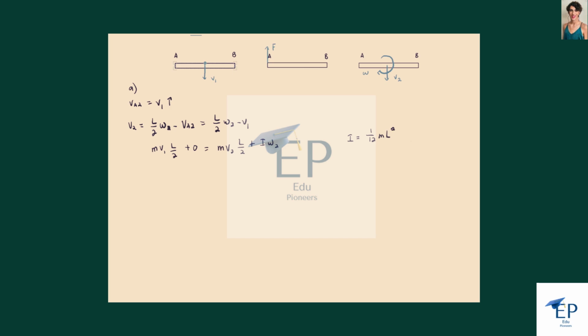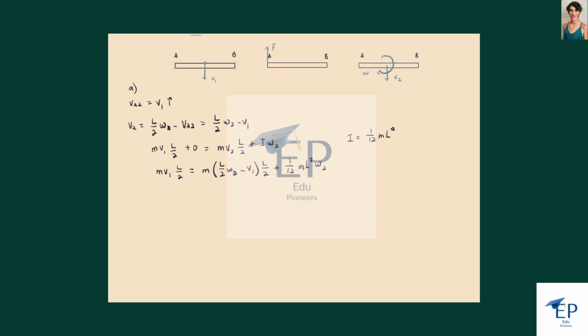Substituting this and the equation for v2, our equation would be M v1 L over 2 equals M times L over 2 omega 2 minus v1 times L over 2 plus 1/12 M L squared omega 2.